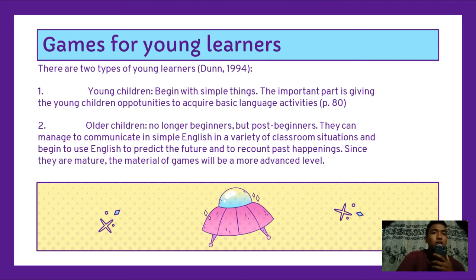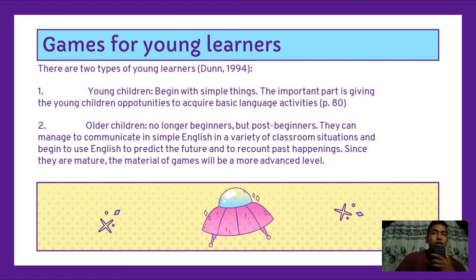There are the tips for young learners, from 1994. The first, young children begin with simple things. The important part is giving the young learners the potential to acquire basic language activities. Second, older children are no longer beginners, but post-beginners.